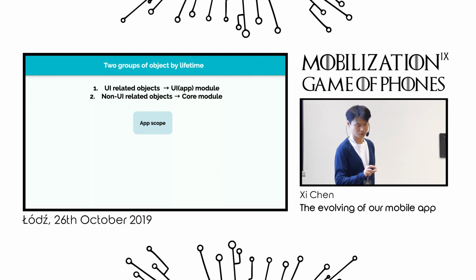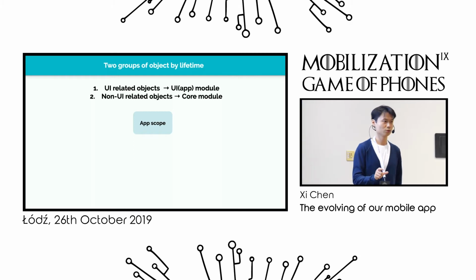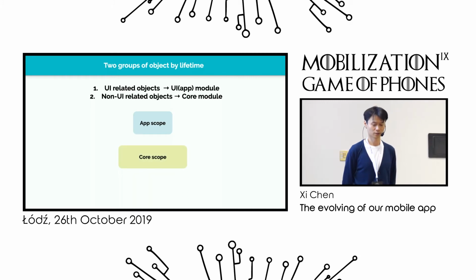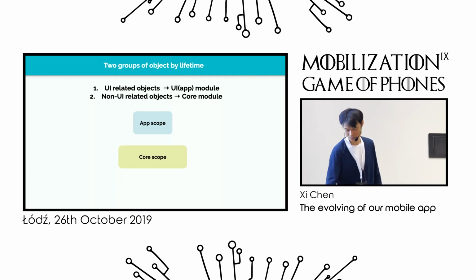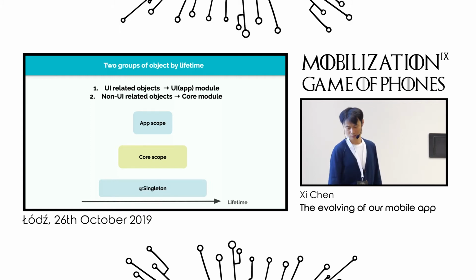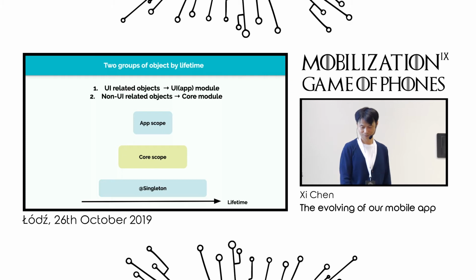And UI objects are supposed to have a relatively shorter lifetime than the core module, because the core module is non-UI things and serves the app for a longer time than UI components. And down here is the singleton provided by Dagger. And this is the lifetime scale.